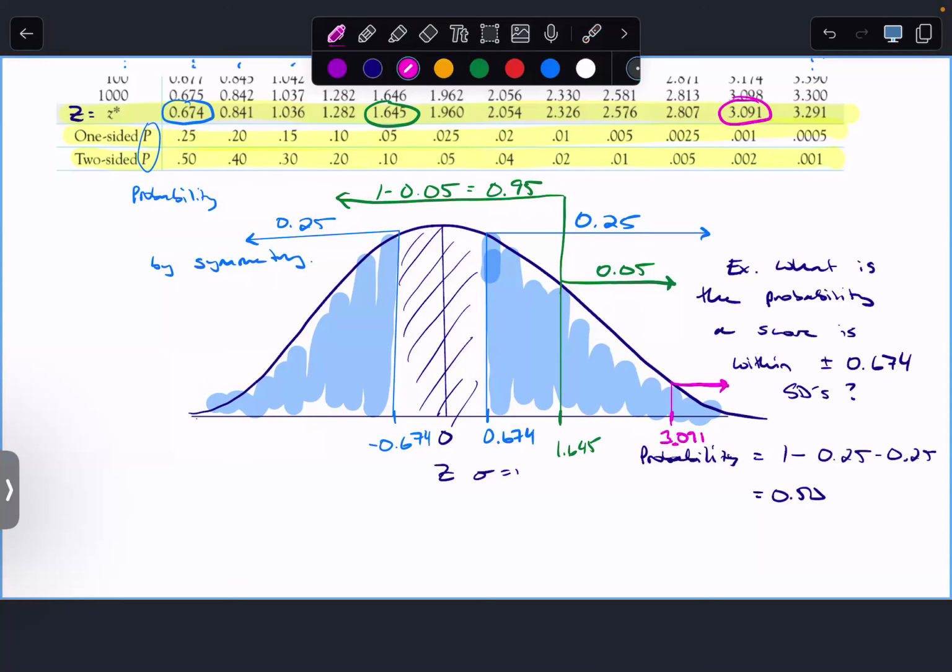You don't want to miss any zeros there either. By symmetry, that means that on this side, I can go to negative 3.091, and the area in that lower tail is also 0.001.